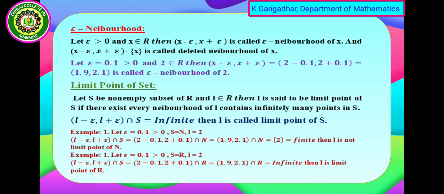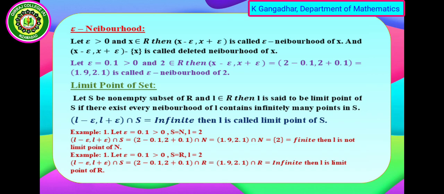So example, epsilon equal to 0.1 greater than 0 and 2 belongs to R, then (x minus epsilon, x plus epsilon) equals (2 minus 0.1, 2 plus 0.1), that equals the open interval (1.9, 2.1), which is called an epsilon neighborhood of 2.